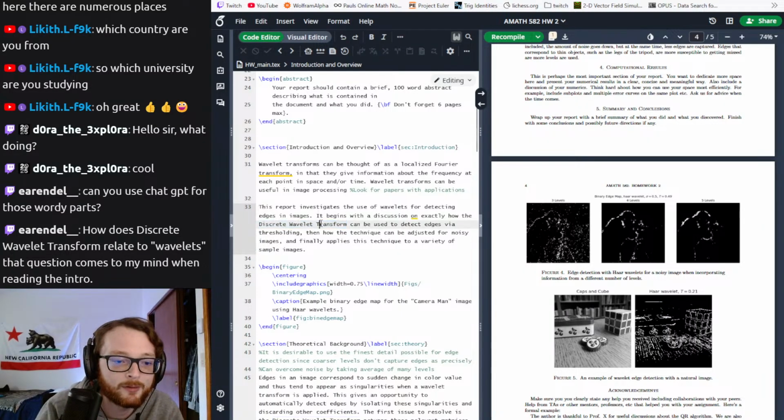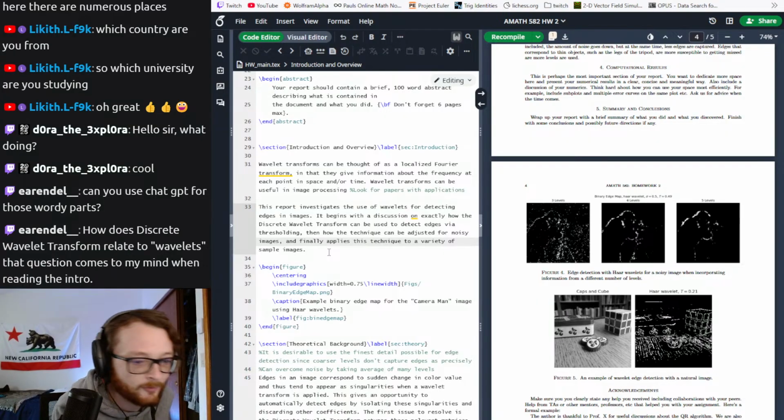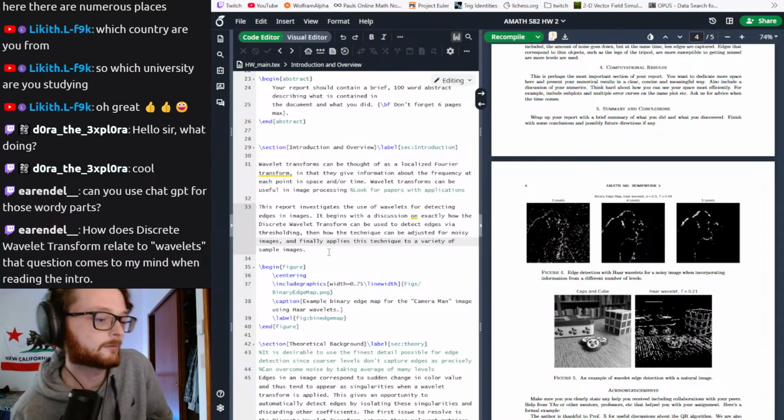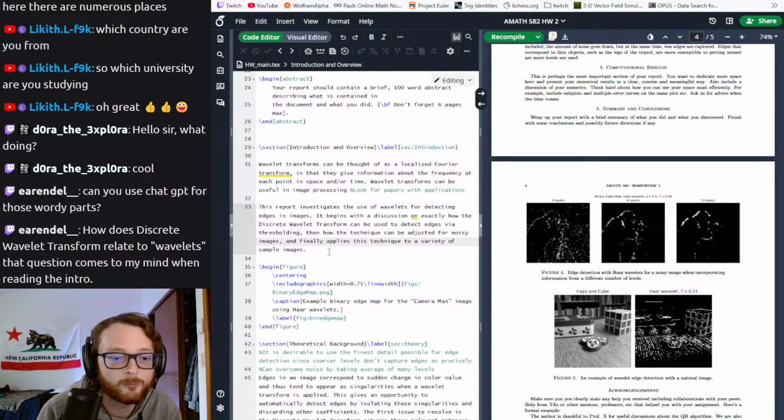I'm capitalizing this transform, but not that transform. I'm not quite sure how to explain the difference, because I think you can use the continuous wavelet transform on just an image like this too.